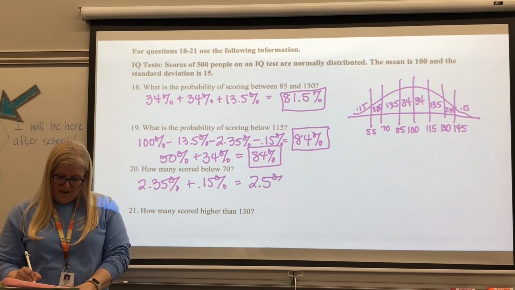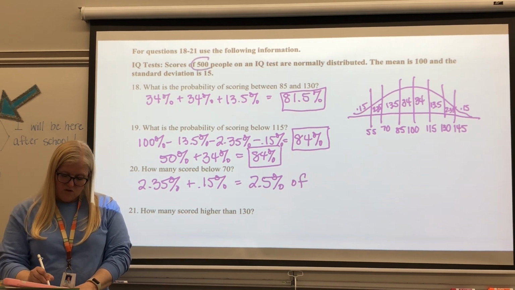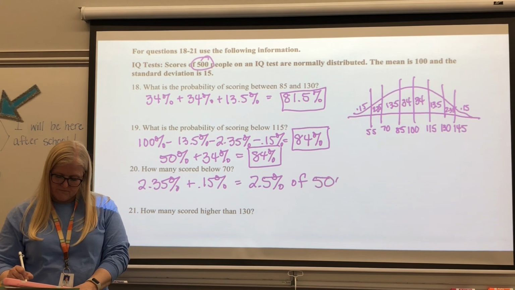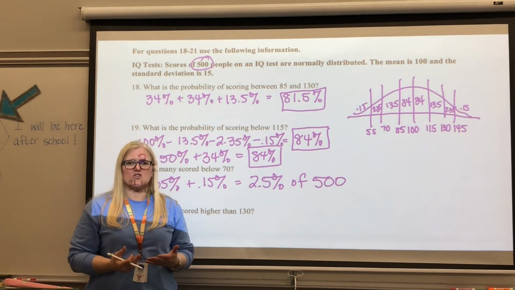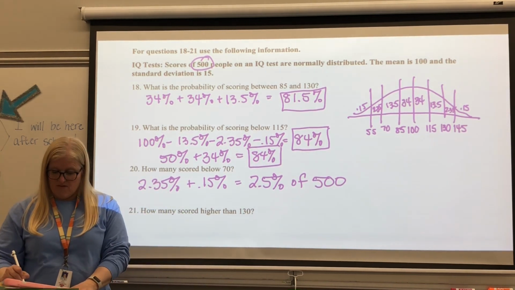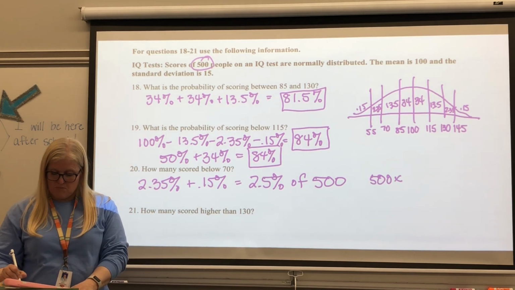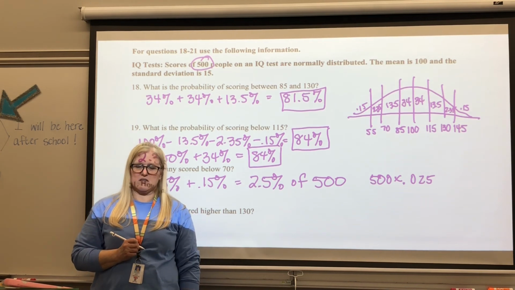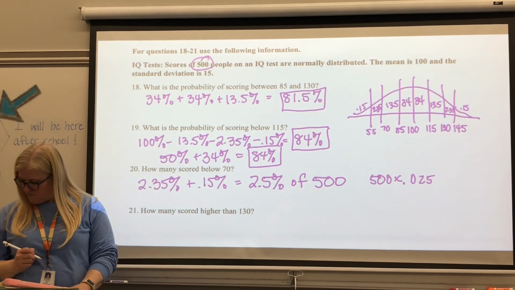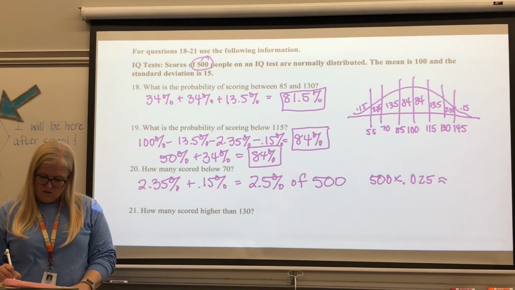So it's 2.5% of 500 people. So that's 500 times 0.025. That's 2.5%. Gives me about 13 people.